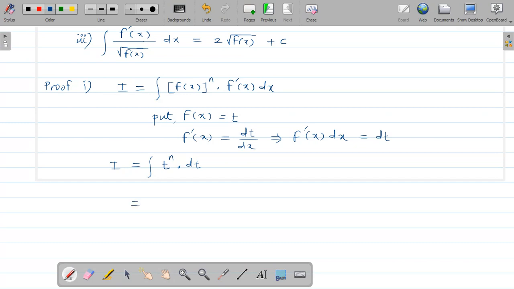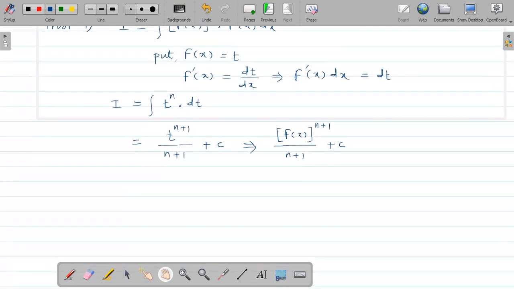Like that, the integration of t raised to n will be t raised to n plus 1 upon n plus 1 plus constant. Now resubstitute t as f of x. Hence we get f of x raised to n plus 1 upon n plus 1 plus constant. So this is the proof by using the substitution method. So we get proof number 1.